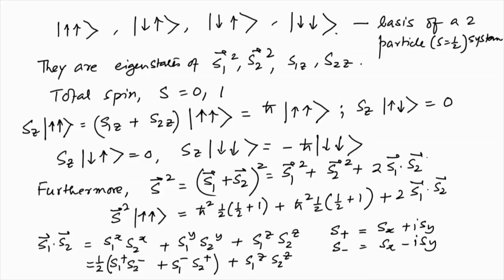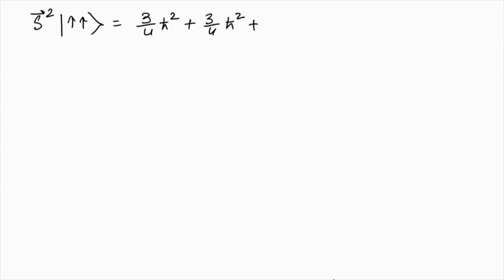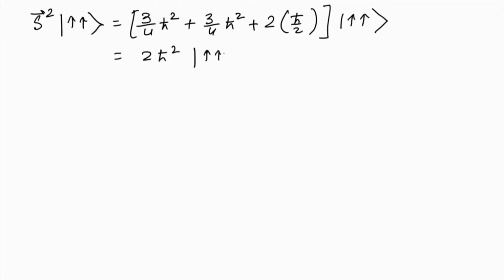S2 minus can give a non-zero contribution, but S1 plus will give 0, and similarly S2 plus will give 0, and that is why these two terms do not contribute, and that simplifies the problem. We are left with S1z S2z for which we know the operation. So, this is 2 into h cross by 2 squared, acted upon by this. It is an eigenvalue equation, and if you simplify it, it becomes equal to 2 h cross square up up and so on.